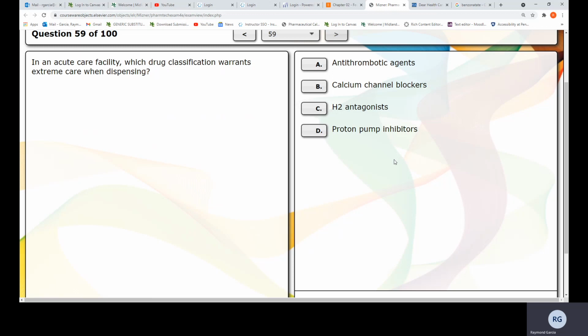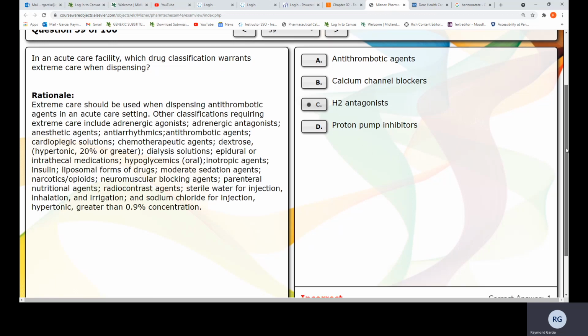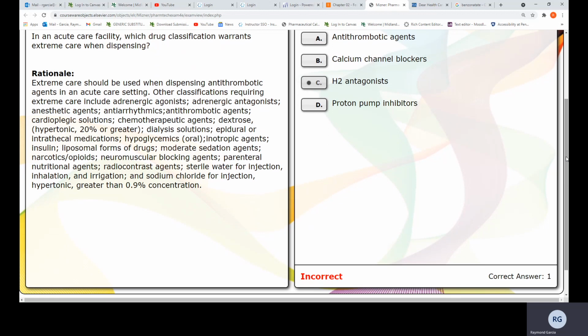Which one? B? C? Extreme care should be used when dispensing antithrombotic agents in an acute care setting.